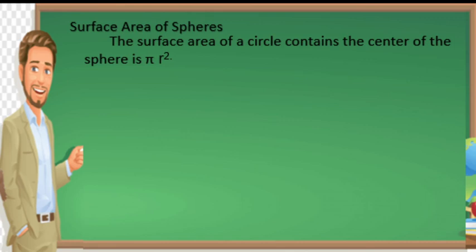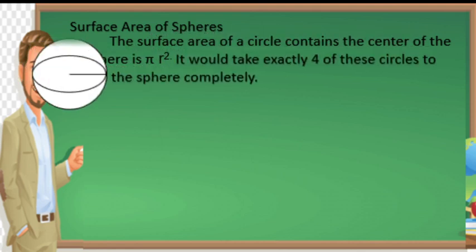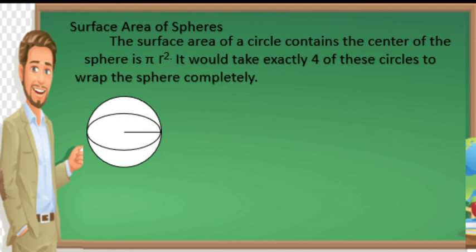So, if you will notice, it would take exactly 4 of these circles to wrap the sphere completely. Okay, take a look at this figure. Of course, this is a circle, another circle. That's why it makes into a sphere, and this is the radius.